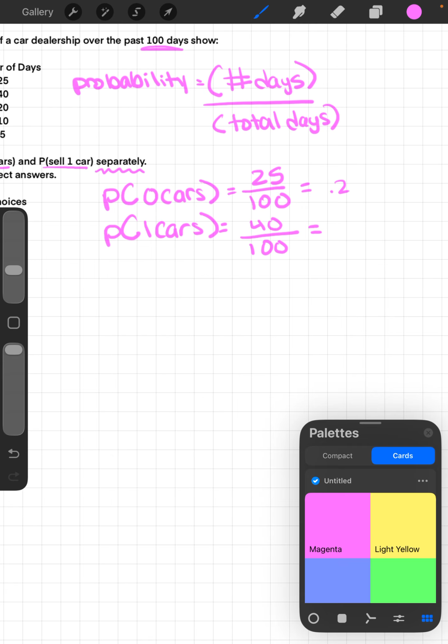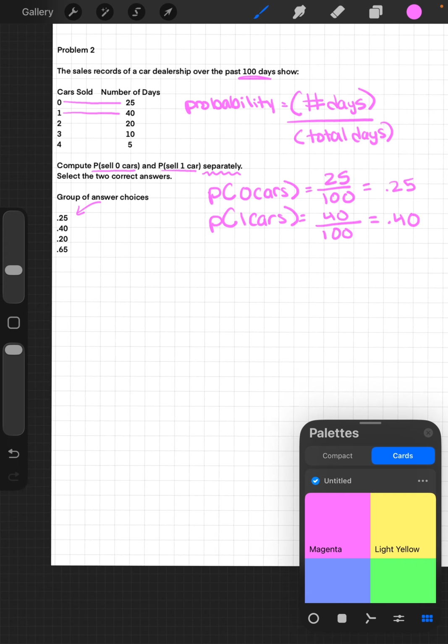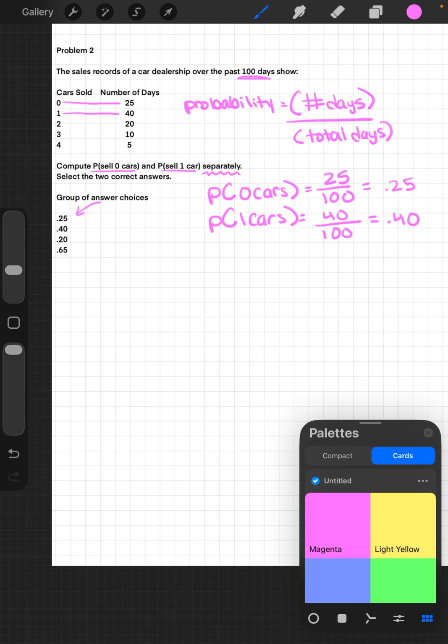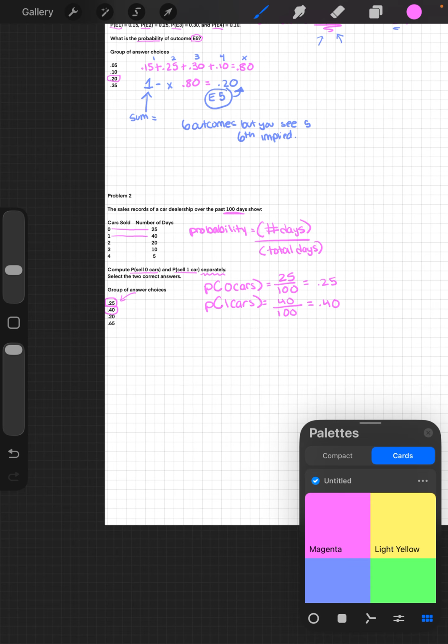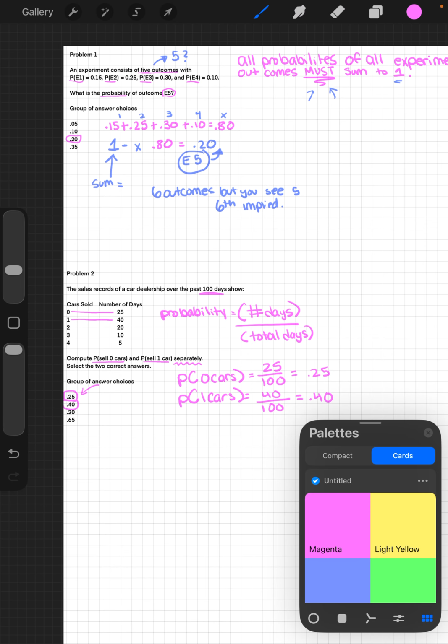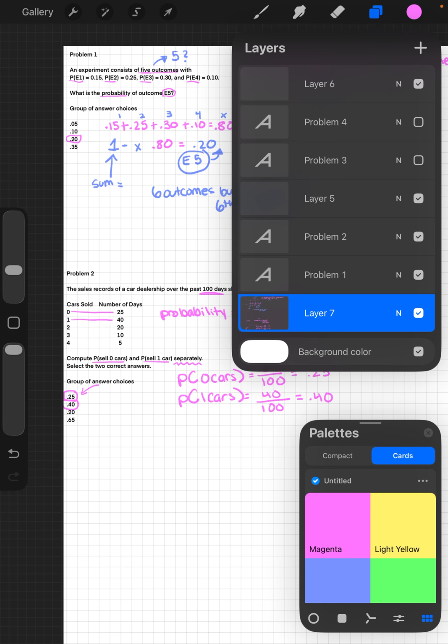So I have 0.25 and 0.40, and we can just double check. So we have 25 and we have 40. And now we're gonna do the next two. I'm gonna just leave one right here.